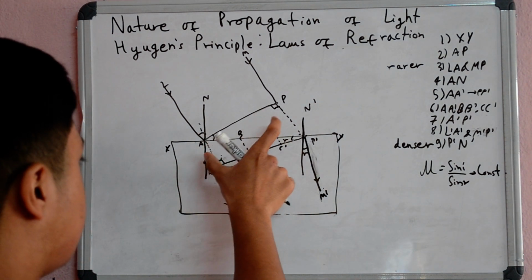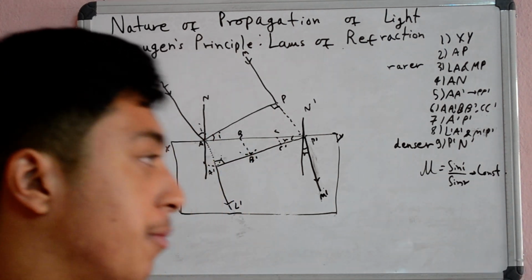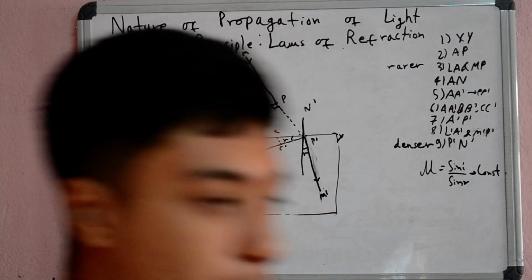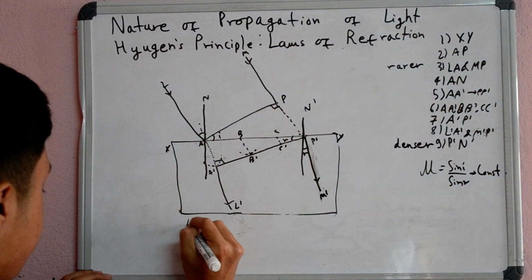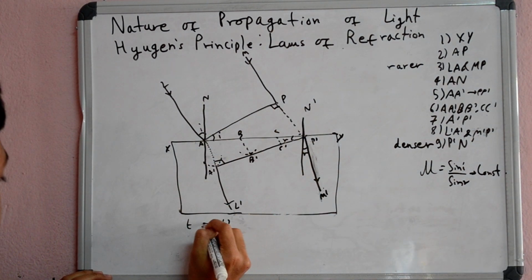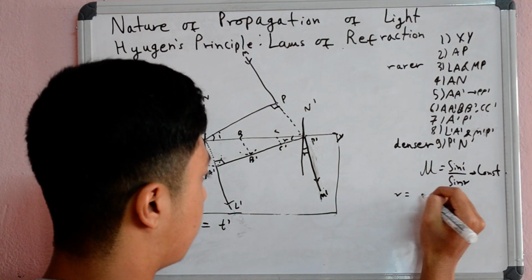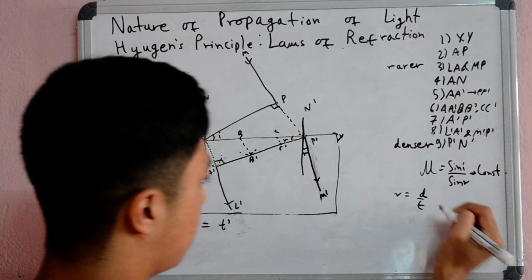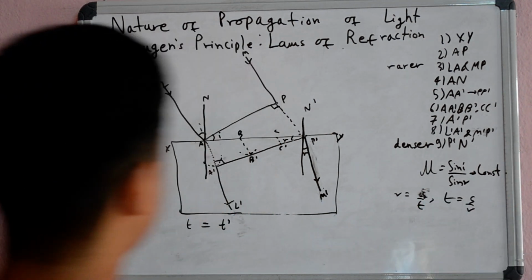Although the distance is shorter for A dash, the light travels slower through a denser medium, and faster but a longer distance in the rarer one. So here their time is equal, so time equals time dash, let's say, right? And we know that speed equals distance over time, s by t. So that means time is equal to distance by velocity.